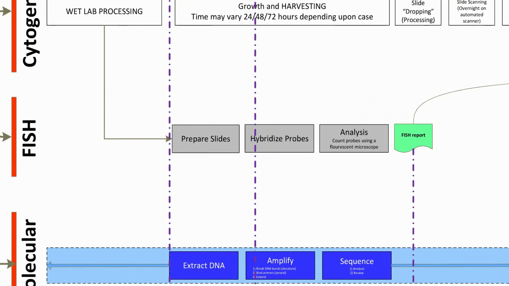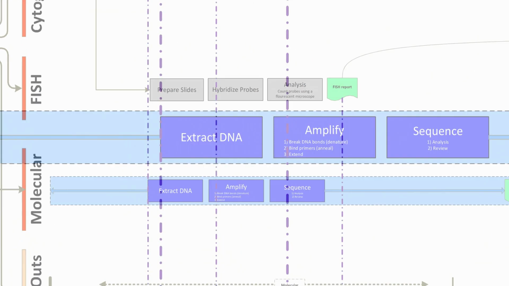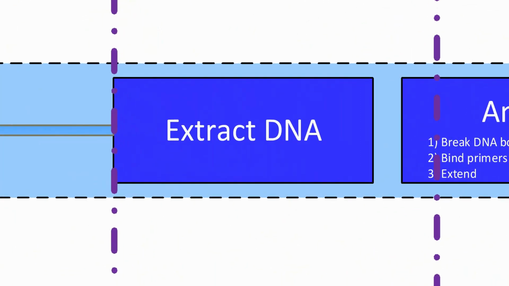With the molecular approach, we're analyzing DNA from the nucleus of the cell. DNA sequencing technology allows us to identify the order of targeted bases, for example, A, T, C, or G, to determine any presence of mutations in the gene sequence. The steps in this process are as follows. Step 1, we extract the DNA.